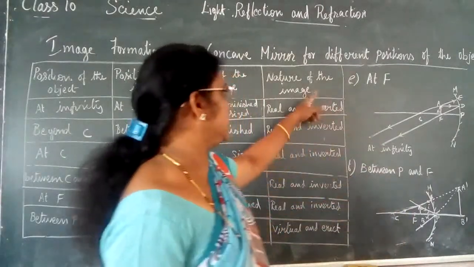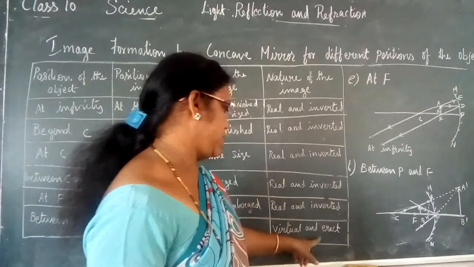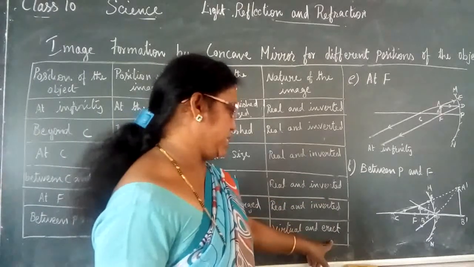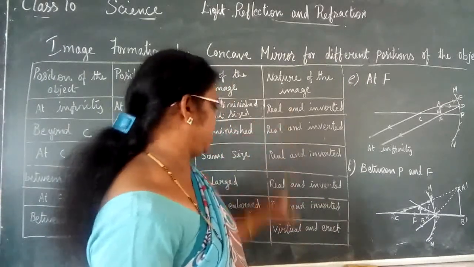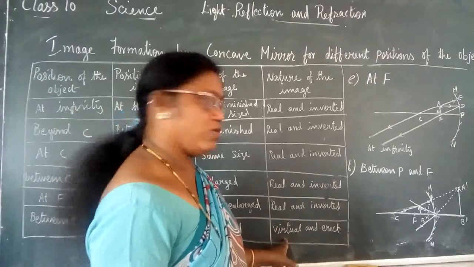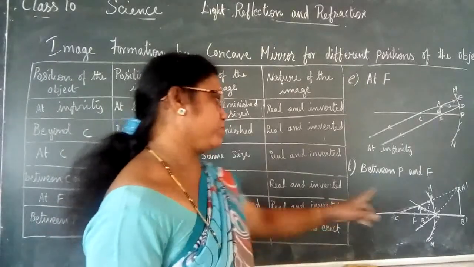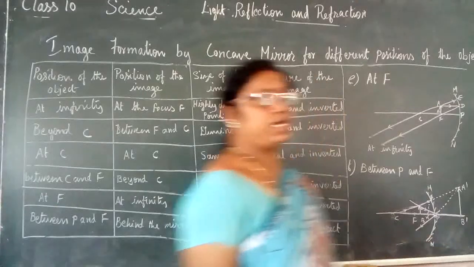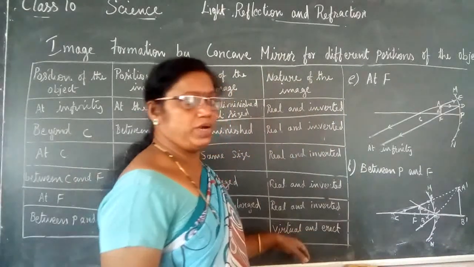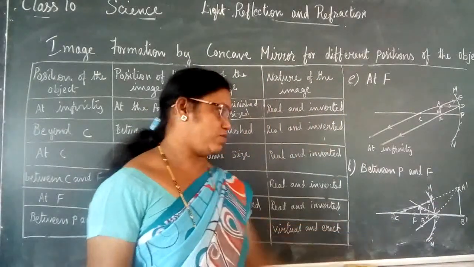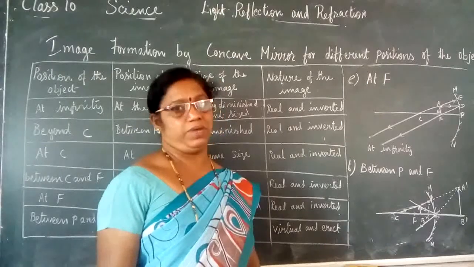In all the other cases they are inverted. Only in the last one it is erect, and everywhere else it is real, but when the object is placed between F and P, the image will be virtual and erect in case of a concave mirror.